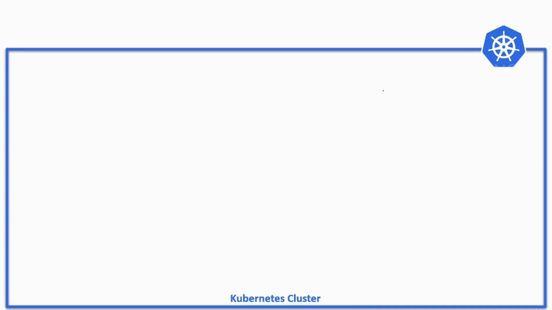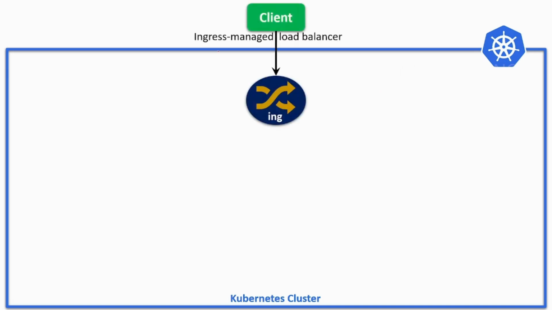Now let's talk about what is Ingress controller. Basically what happens is when the clients connect to our applications which are hosted inside our pods within the cluster, somebody should take the responsibility and route the traffic.